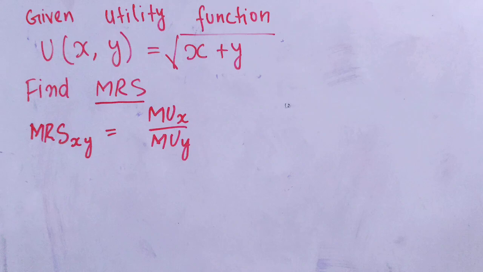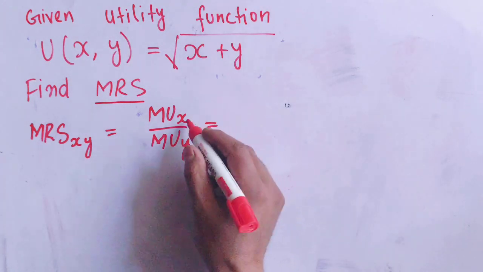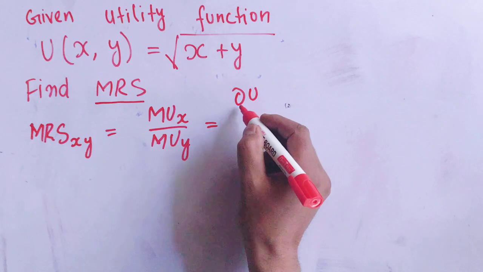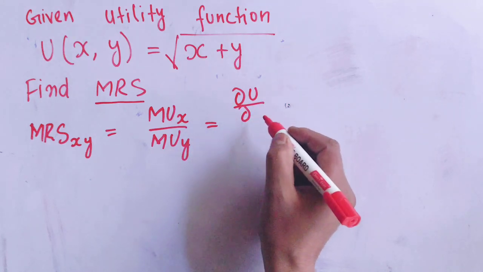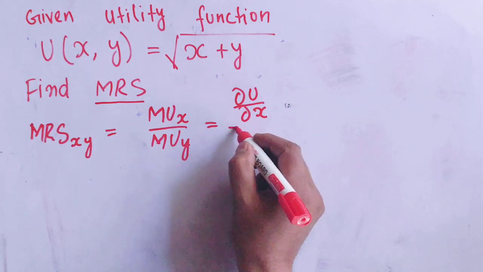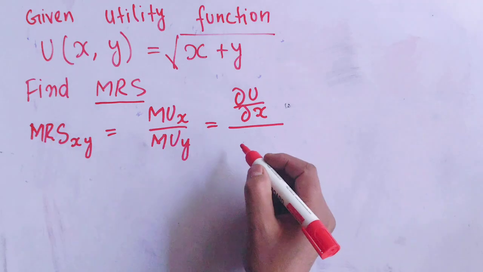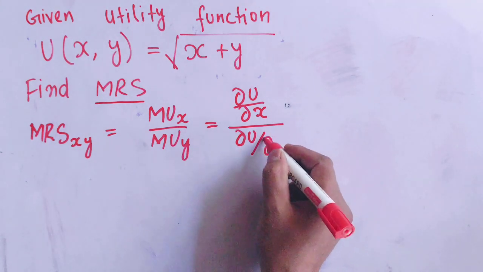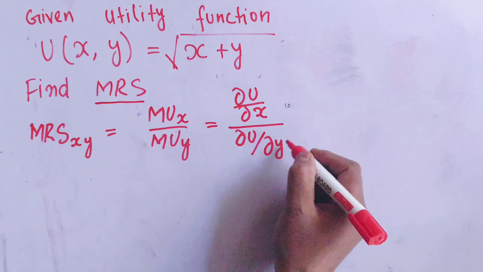Marginal utility of good x is the change in the total utility due to the change in the consumption of good x, divided by the marginal utility of good y, which means the change in the utility due to the change in the units of good y consumed.